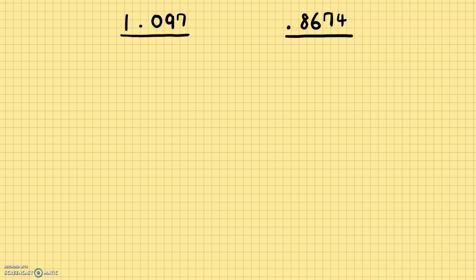Okay, so the rule is, they seem to have the same number of digits here, right? But they have different values. Because this one has a whole number, but this one doesn't. So in this case, it's much easier to compare from the left. If you line up the two decimals so that the place values line up, a good way to do that is to line up the decimal point.